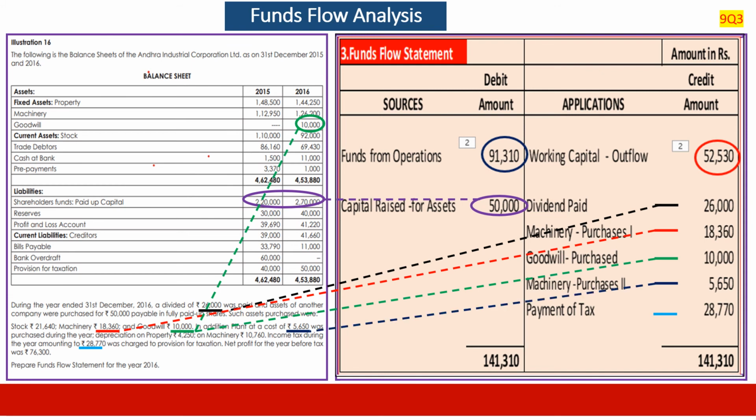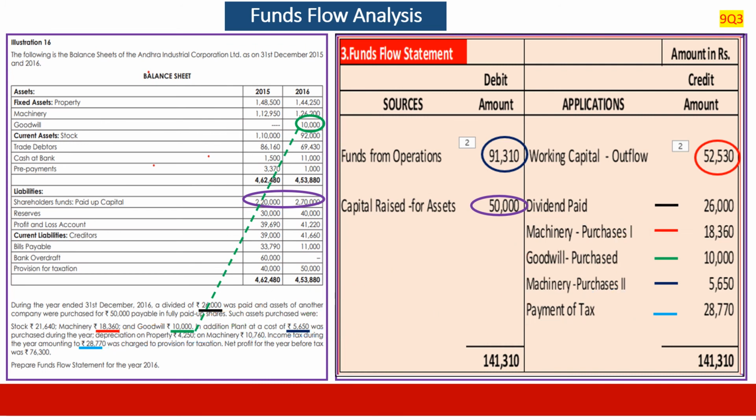Machinery purchased against payment is 5,650. We made a payment of 28,770. This is a simple funds flow which has taken care of capital raised and the payments made. And as we see, once we post everything, we have got the sources and applications matching with each other.